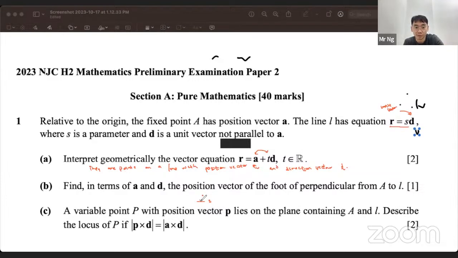So the direction vector of L is D, whereas this is A. Okay, so the perpendicular from O to L is here. Let the foot of perpendicular be ON.